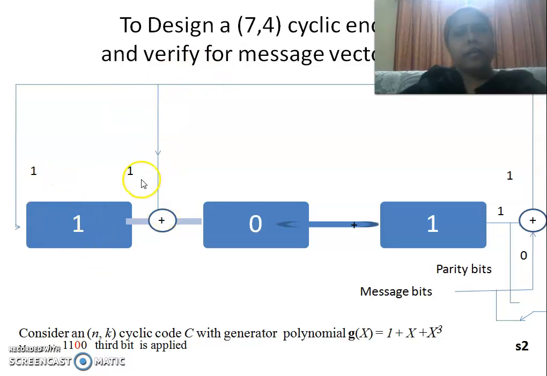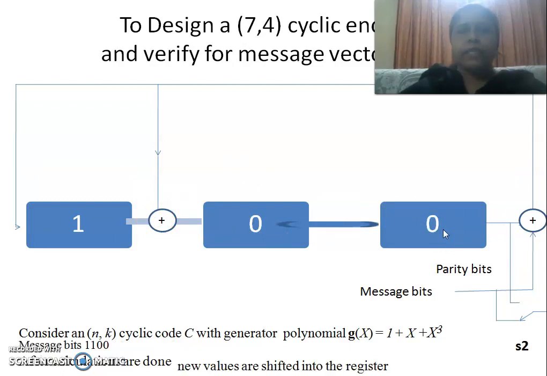The inputs of this exclusive OR gate will be 1 and 1, and hence the output of this exclusive OR gate will be 0. So the output of this register will be 0, and that acts as input to this register. These values get shifted to these registers when we apply the clock pulse, and this is how it is stored here.